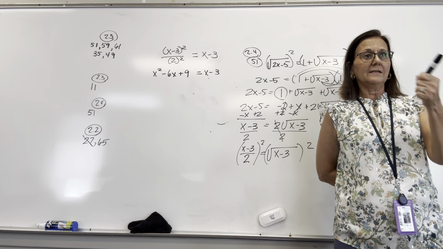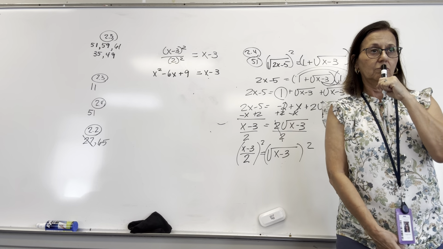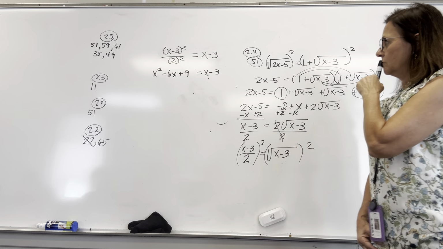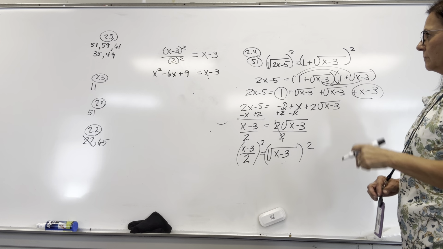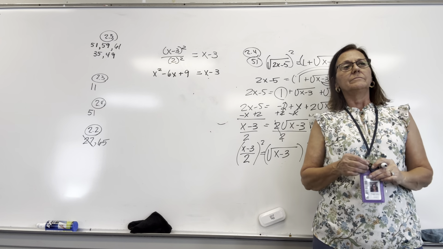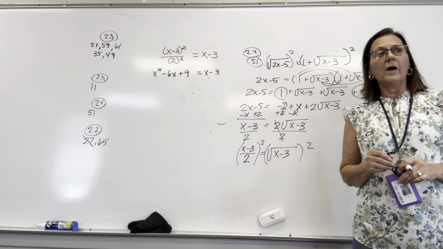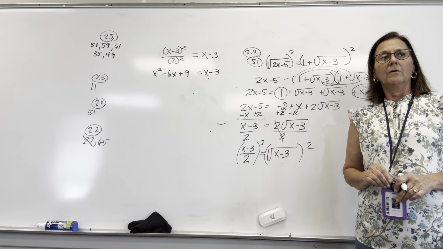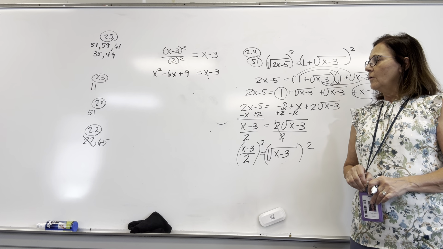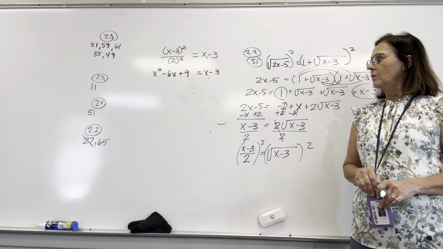Got it? Yes? The step before that, could you divide both sides by x minus 3? Say that again? Divide both sides by x minus 3, before I square?